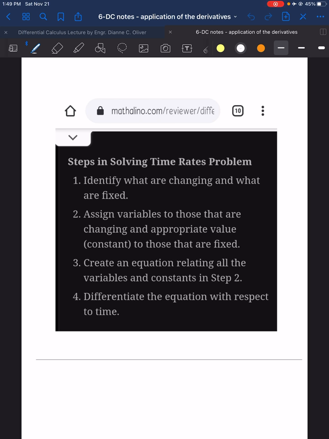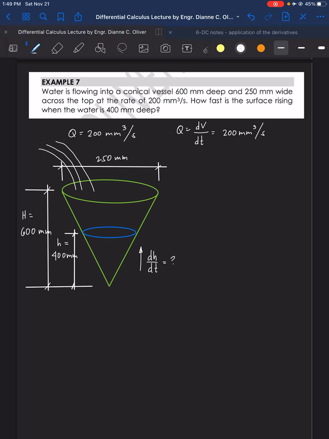So again, for step 1, the one that is constant is the dimension of the vessel, because as time increases and as water continually flows into the vessel, the dimension of the vessel remains the same. What is changing is the height of the water.